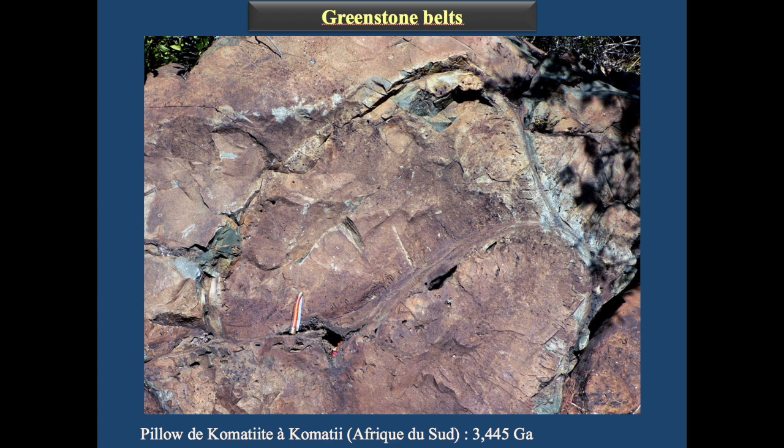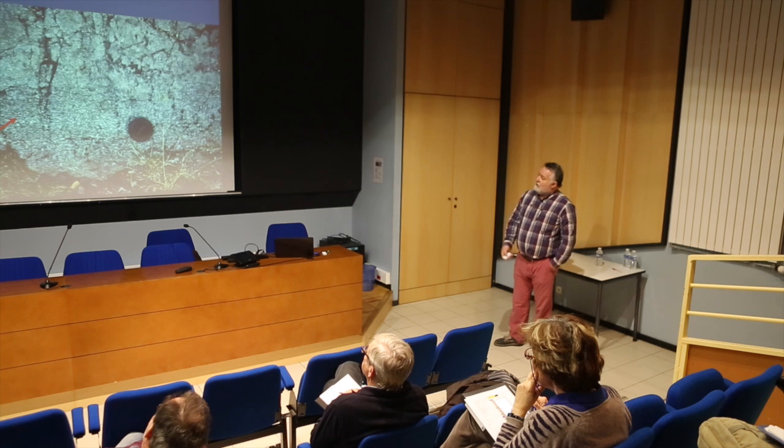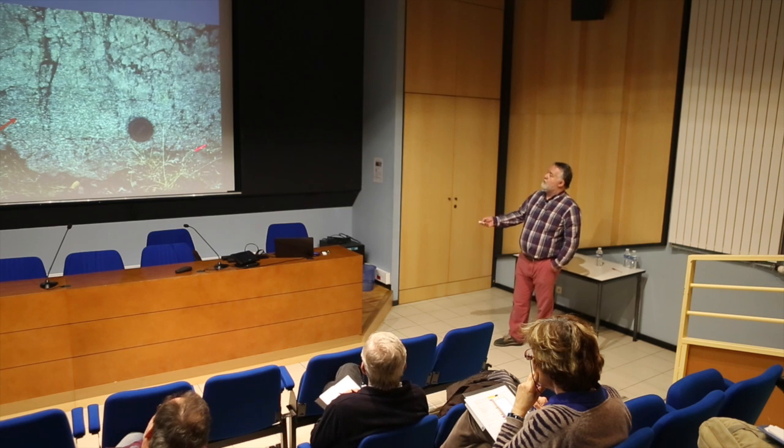If the lava is placed underwater, you will have the pillow. If not, we can have lava flow just like here. This is from Canada. And typically, a lava flow contains at the basis cumulate.